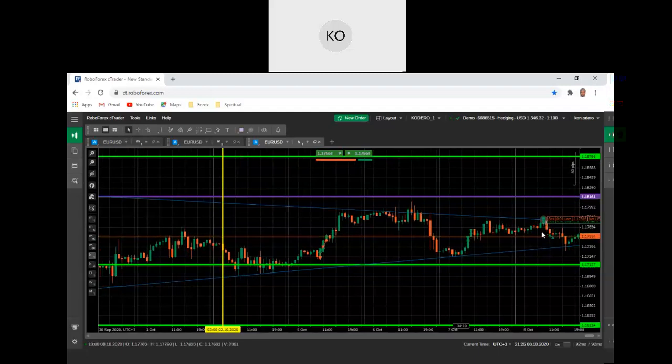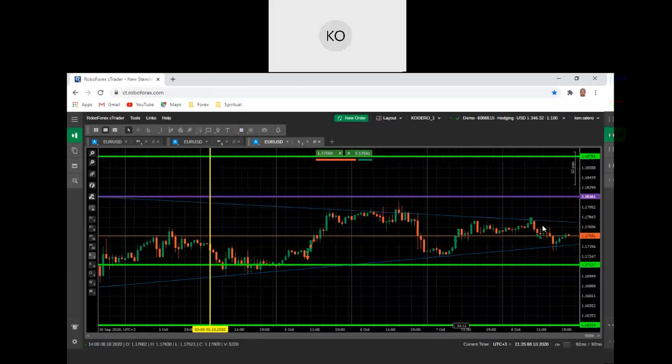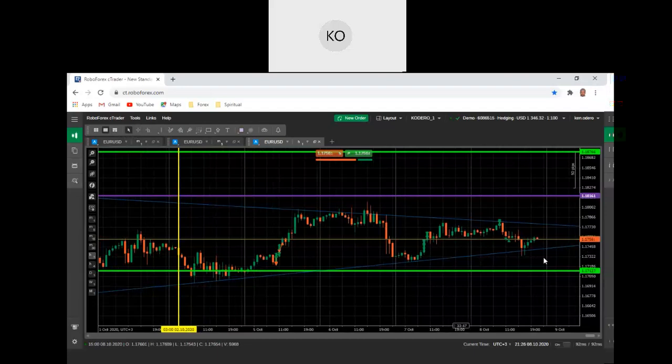From around 11 o'clock, after the London breakout, it started coming down, then it consolidated a little, came down again, and then just after 4 o'clock, when New York opened, it started going up again. So as you can see, it's just been dancing around these two zones.